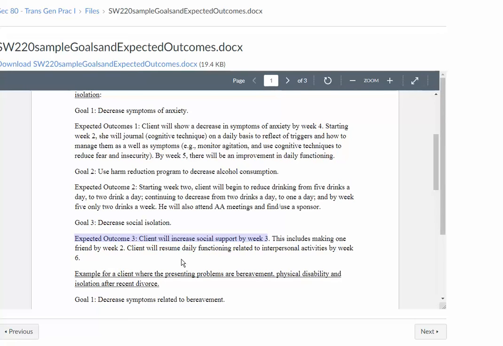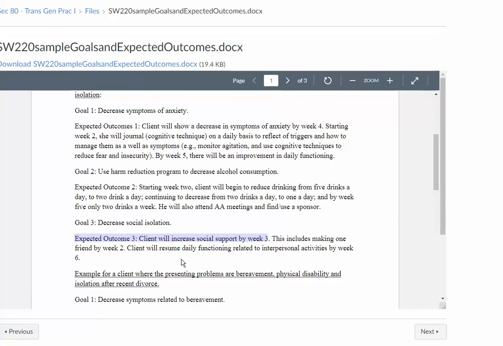Personally, this is a great example, and for me, I would want it to be even more detailed. So it might be decrease social isolation as the goal, and then how will I know that they've decreased it? Client will talk to 1 friend by next week.